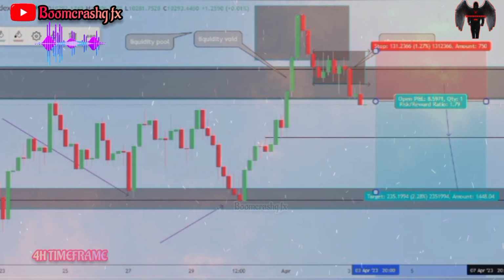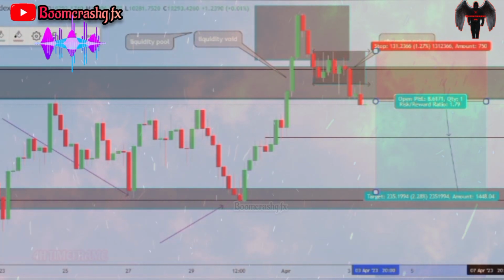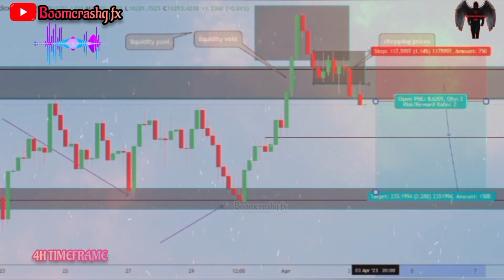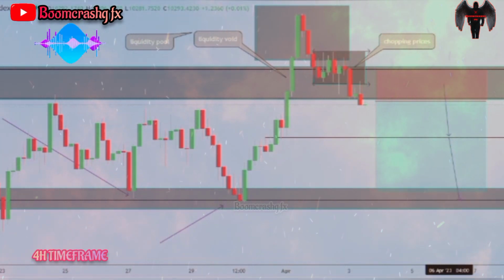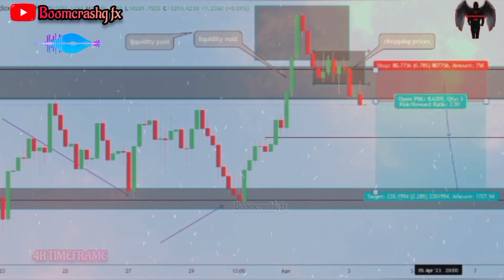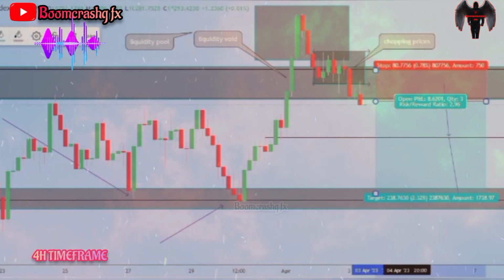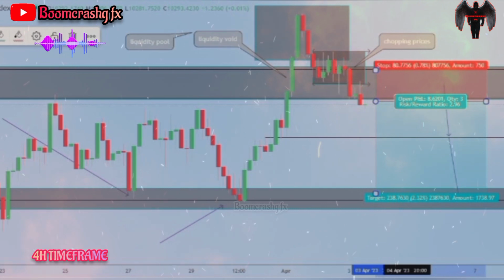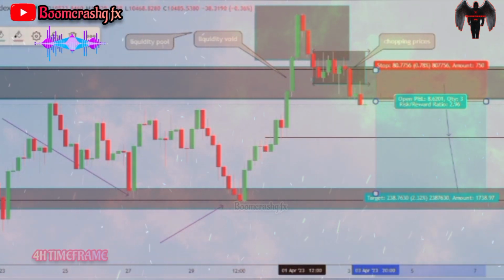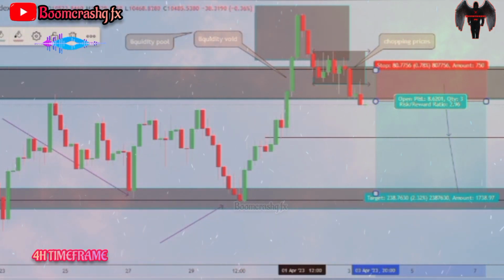That's giving us 80 plus pips, and our stop loss will definitely be within 50% of the ranging market there. The second target we are going for is over 200 pips. So in getting our entry and accurate exit in the market, let's go down to the lower time frame.